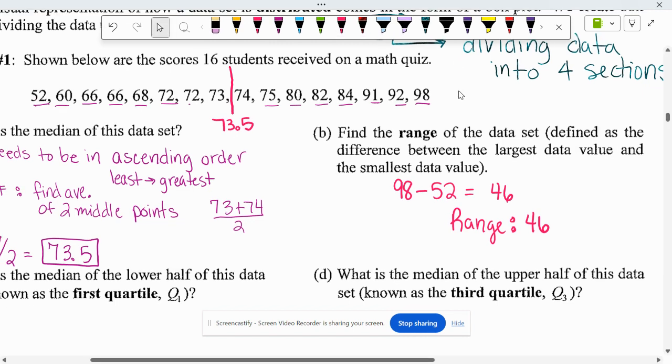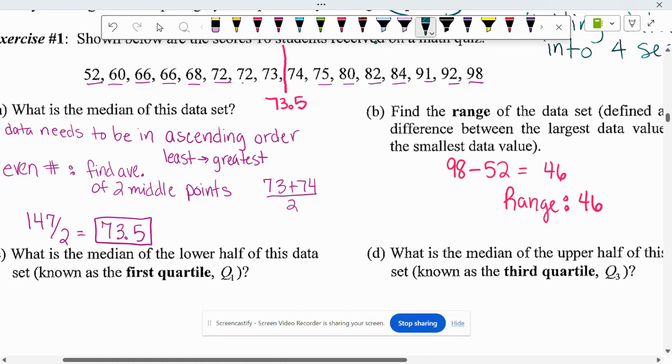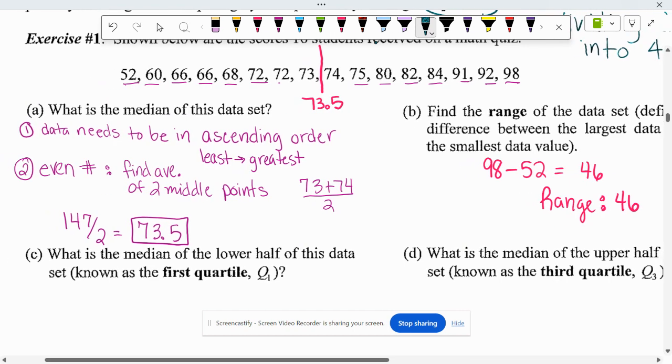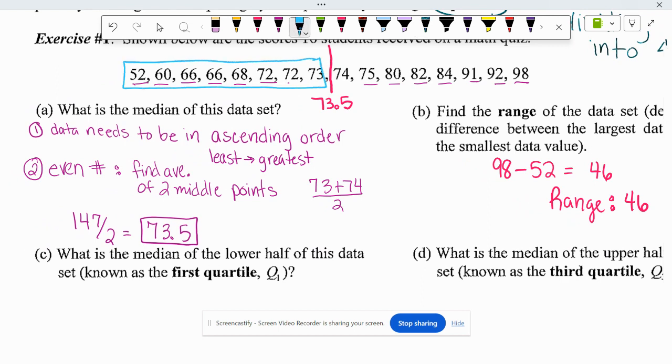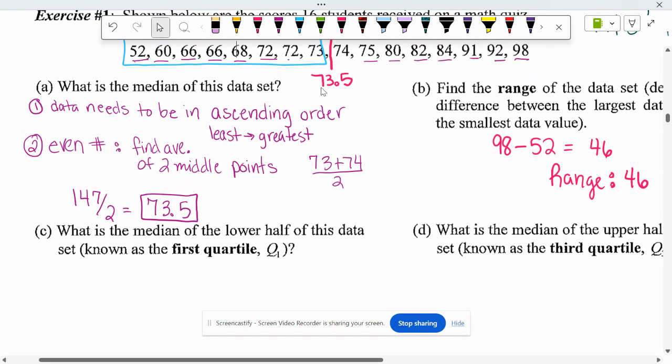The next question says, what is the median of the lower half? So I'm going to look at the lower half of my data, and I'm going to rewrite those numbers down here.